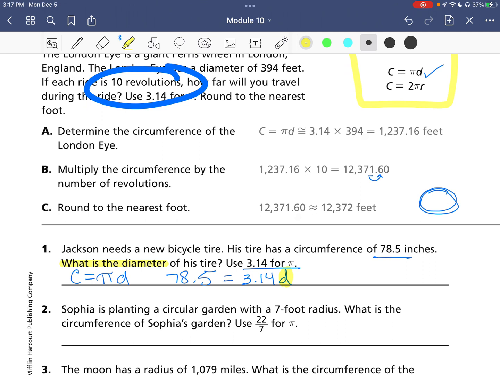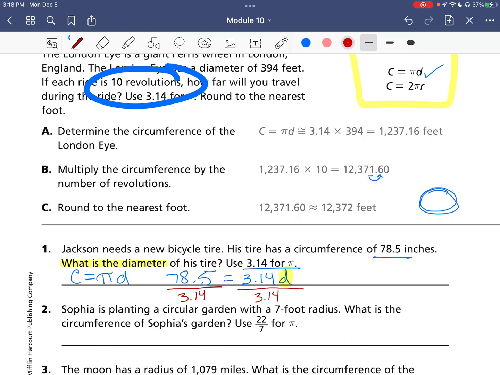Now to solve this, we have 3.14 multiplying our d. What is the inverse operation of multiplying? We're going to divide both sides by 3.14, because we're saying 3.14 times what will give me 78.5.